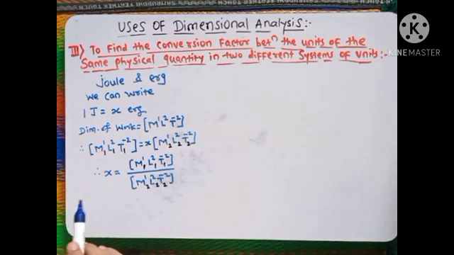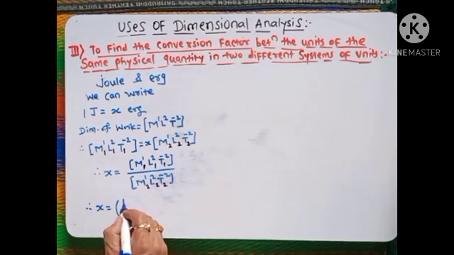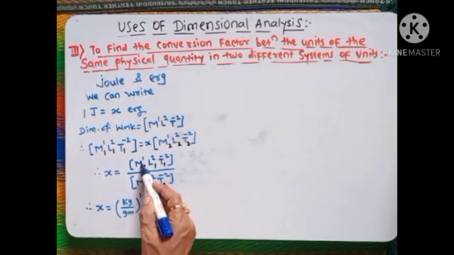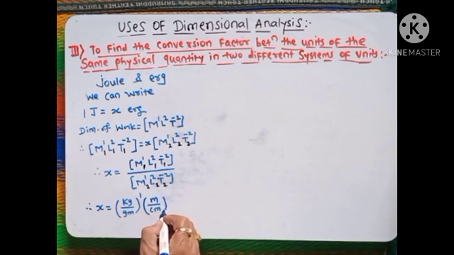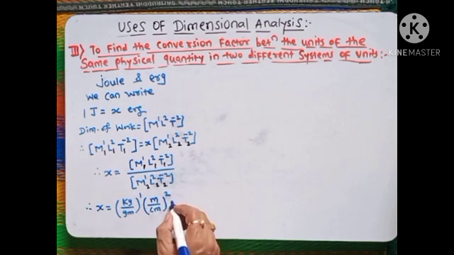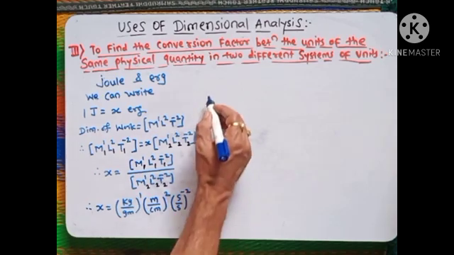Now suffix 1 indicates MKS unit, suffix 2 indicates CGS unit, and therefore x equals M1 raised to 1, kg upon gram raised to 1. See here, this is measured in kg, this is in gram, raised to 1. Similarly, meter upon centimeter raised to 2. L1 is measured in meter, L2 is measured in centimeter, and second upon second, same unit in MKS and CGS, raised to -2.